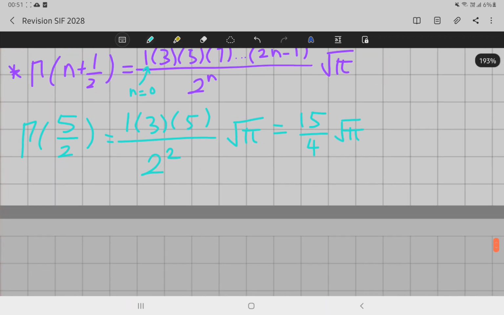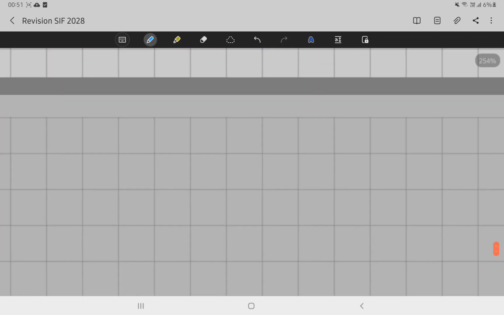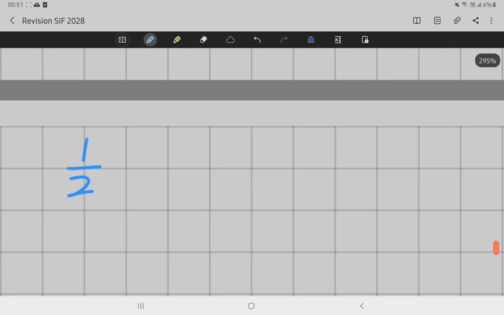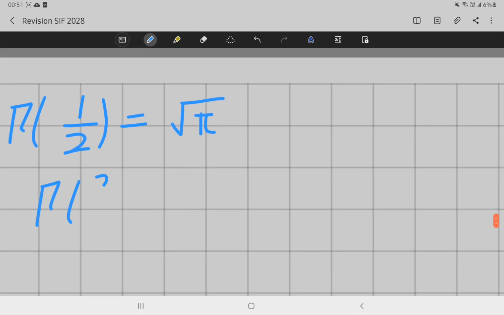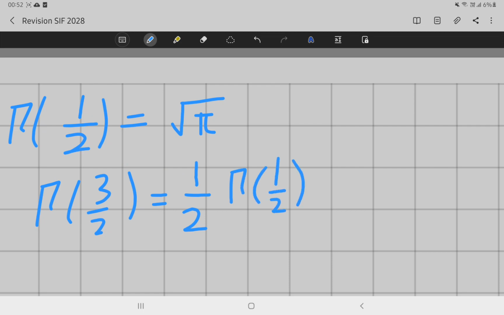Or there's another method. Since you know that gamma of a half is just square root of pi, so we know that gamma of 3 over 2 is the former value, which is 1/2, times the gamma of the former value of n, which is 1/2.